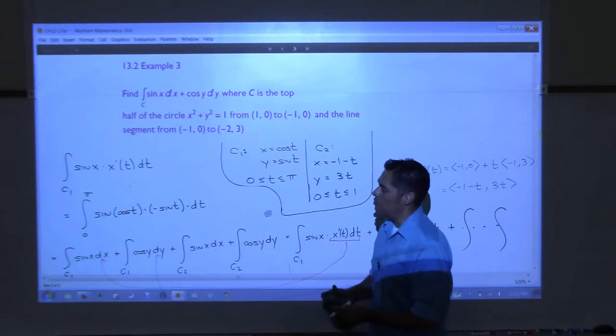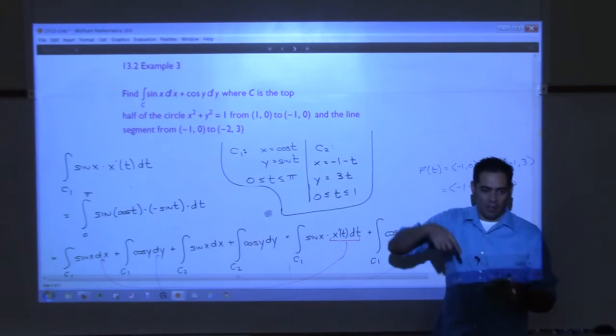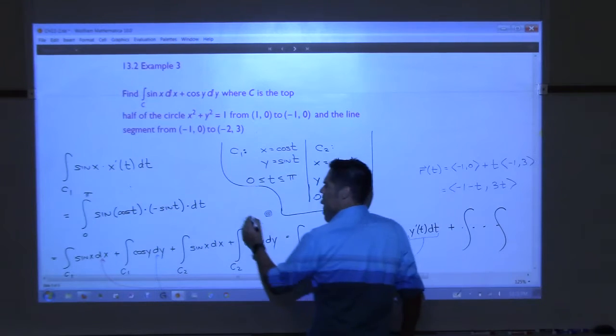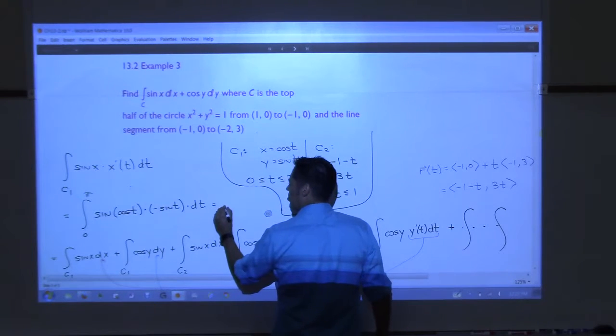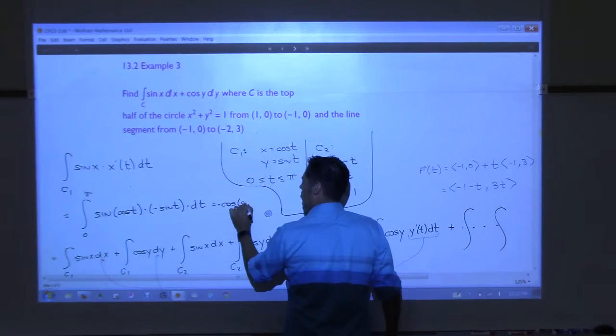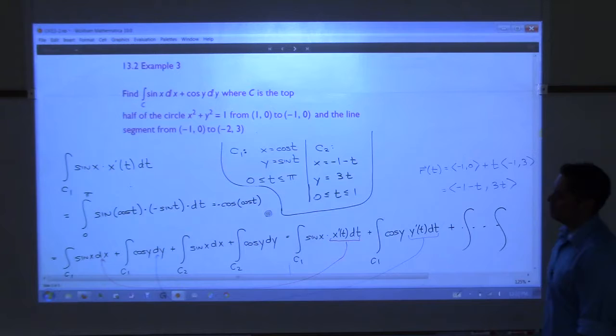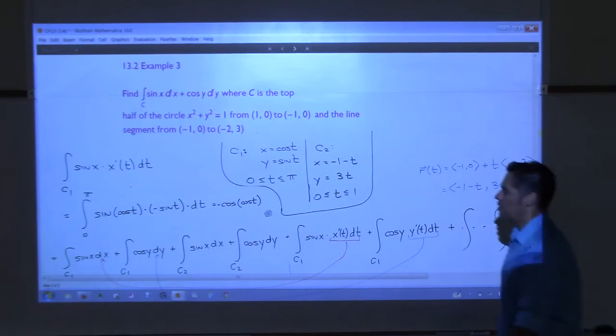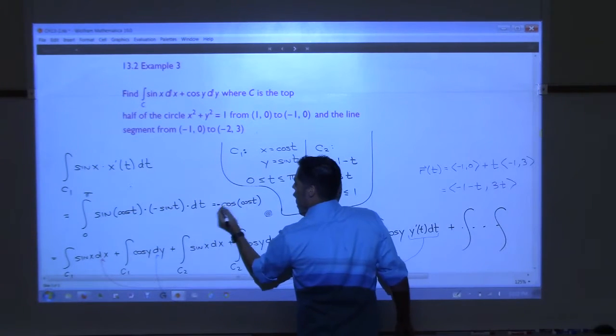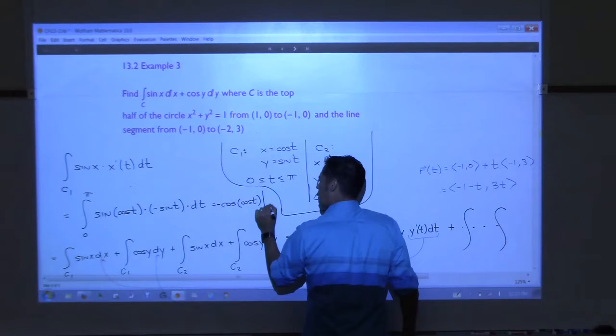So u, if we made the substitution, yes, and then you go back. So this is just what? What's the antiderivative of this? Negative cosine of cosine t. Negative cosine of cosine t. But then that's evaluated from 0 to pi.